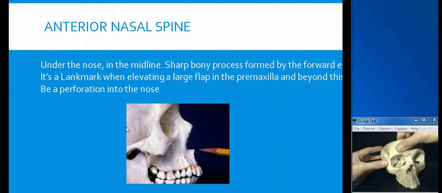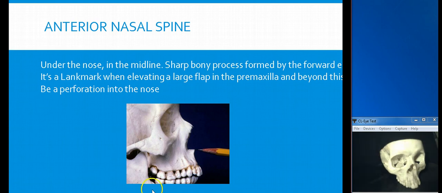So as soon as you are dissecting up and you feel that little bony protuberance right here, this is the picture I took, you know to stop, because now you're going into the nasal part of it. It's right under the nose, in the midline, a sharp bony projection, and it's a landmark.